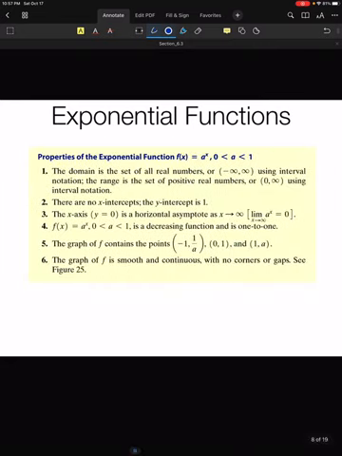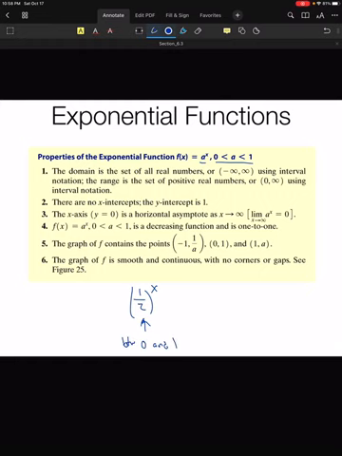Okay. So as a quick next type, what if the base is between 0 and 1? So that would be a number like 1/2 raised to the x power. Whatever number is inside of here has to be between 0 and 1.